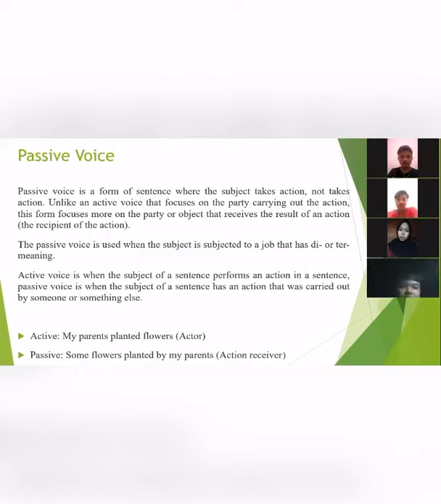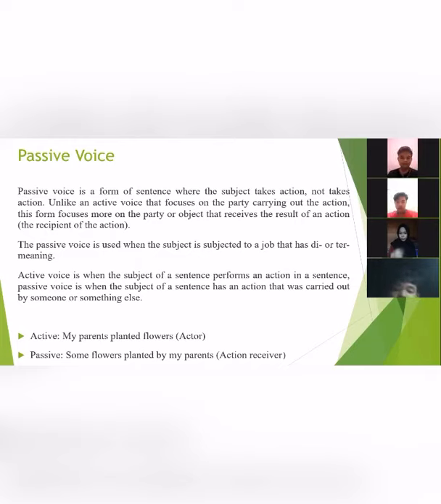Passive voice is a form of sentence where the subject receives the action, unlike an active voice, which focuses on the party carrying out the action. This form focuses more on the party or object that receives the result of an action, the recipient of the action. The passive voice is used when the subject is subject to a job.